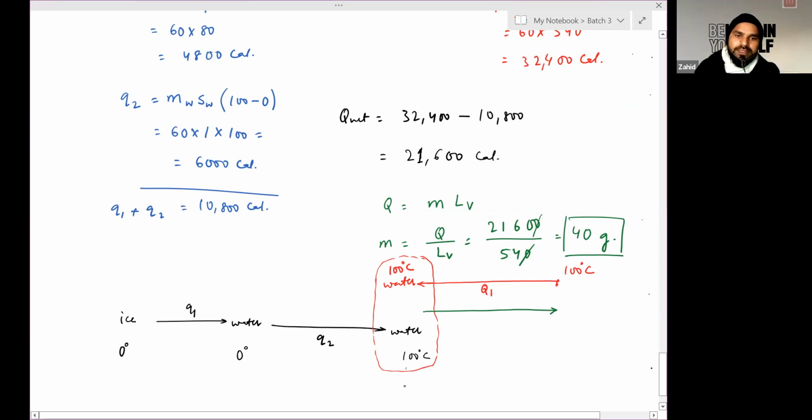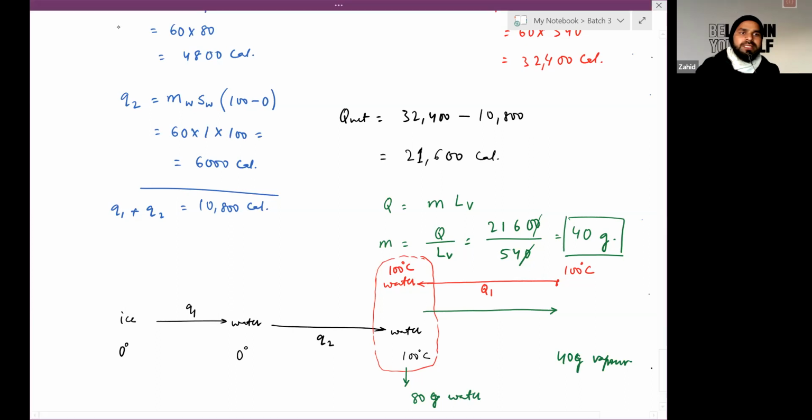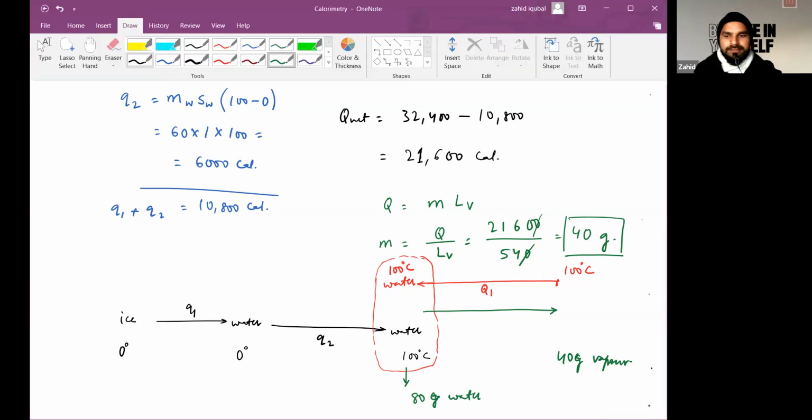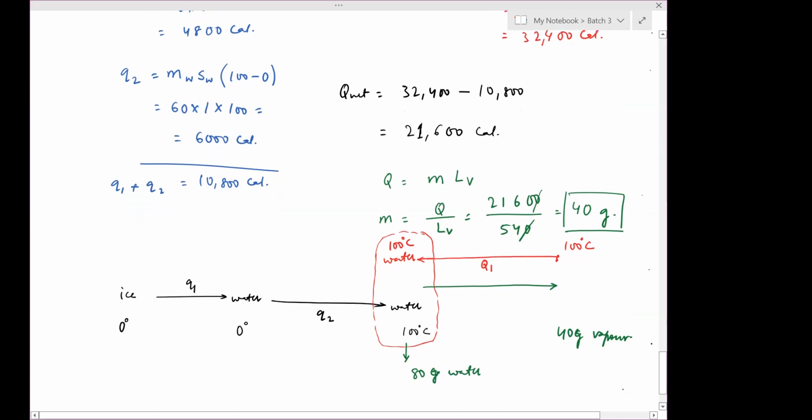Now we are left with 60 gram of ice plus 60 gram of steam minus 40. So in total, 80 gram water and 40 gram vapor. Is it clear? Atif, any doubt? No, sir. Or should I repeat?